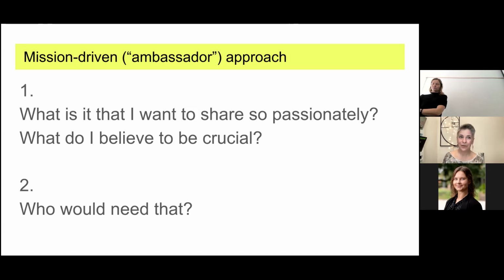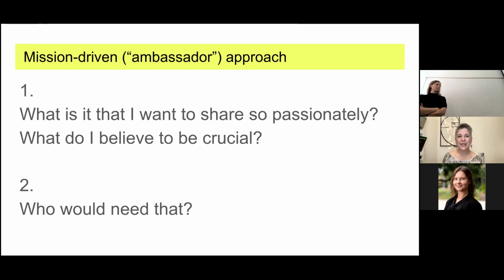And then you look at the market, you look at the community you can reach with this, with the second question. Who needs that? Who would benefit the most from learning, from acquiring the skill that you believe to be the most important?